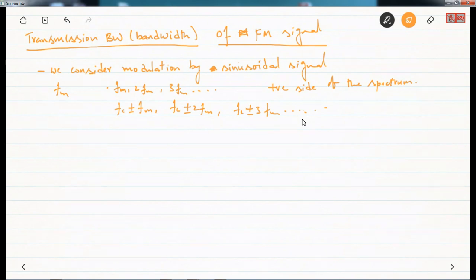Agree? Even if you are modulating with one frequency, your FM signal has an infinite number of frequencies. So you need infinite bandwidth to transmit an FM signal, right? First make a note of it.